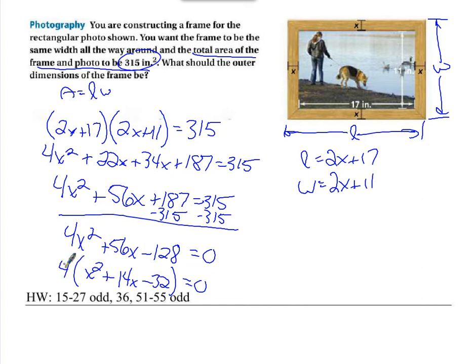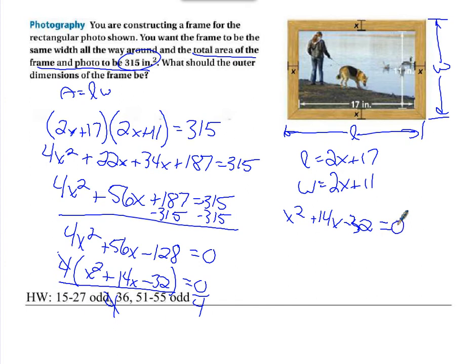I can divide something on both sides of the equation. I couldn't do that in chapter 8 because there was no equal sign. That GCF had to stay there. So I can divide everything by 4 right now to get rid of that GCF. The 4's here cancel, and I'm left with x squared plus 14x minus 32 equals, what's 0 divided by 4? 0.